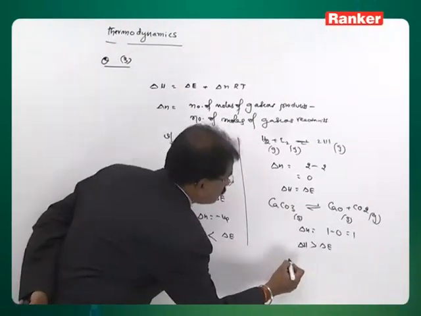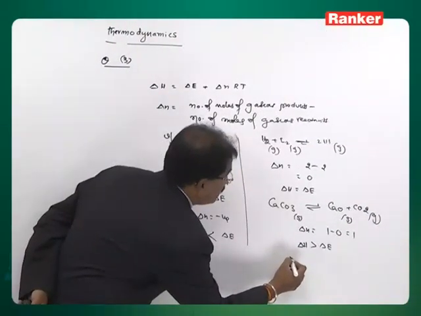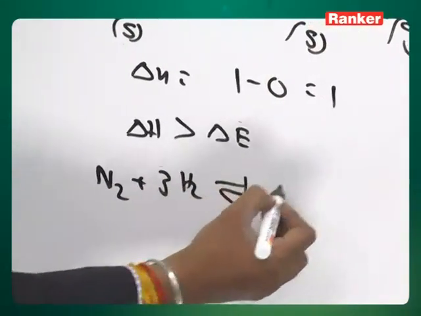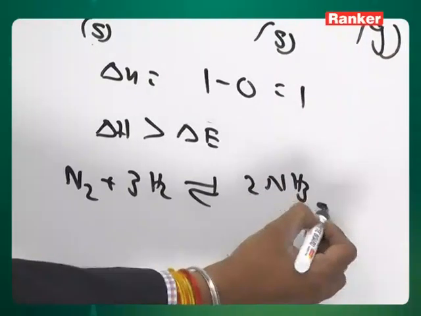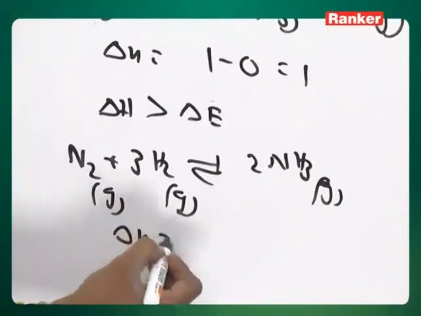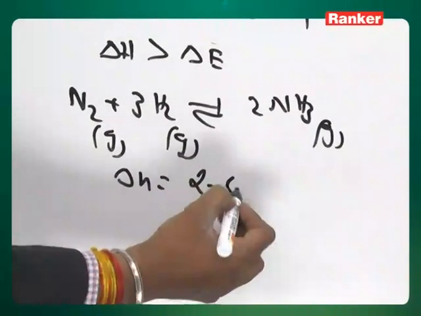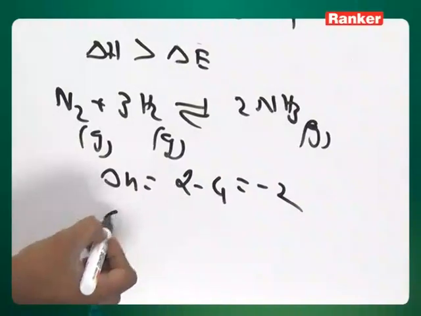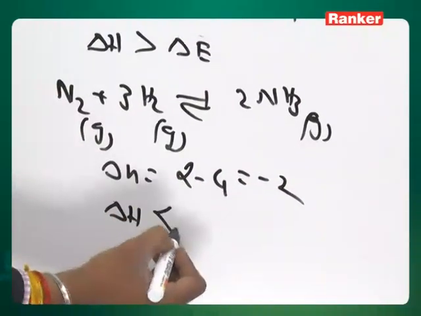Let us take N2 plus 3H2, reversible arrow 2NH3. In this reaction, del N is equal to 2 minus 4, therefore minus 2. Since del N is negative, here del H is less than del E.